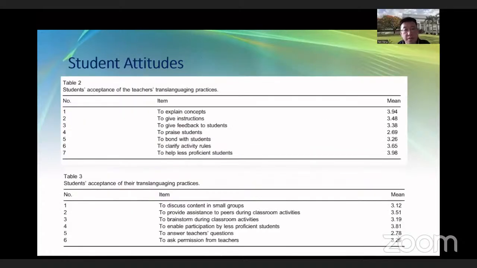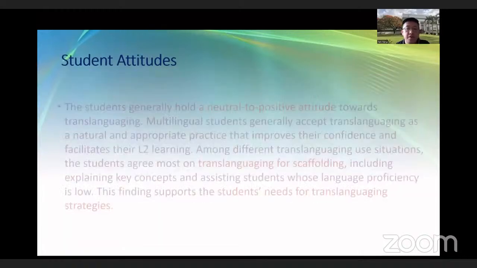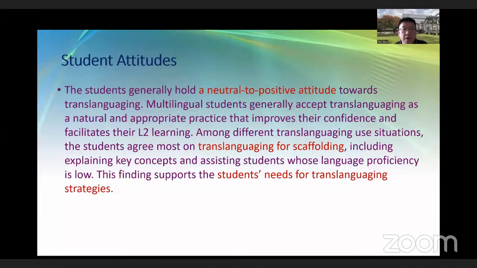Well, if we also look at students' attitudes towards translanguaging, from this questionnaire, students perceive quite positive attitudes towards translanguaging, with varying acceptance levels. So overall it is mid-average to acceptance level.